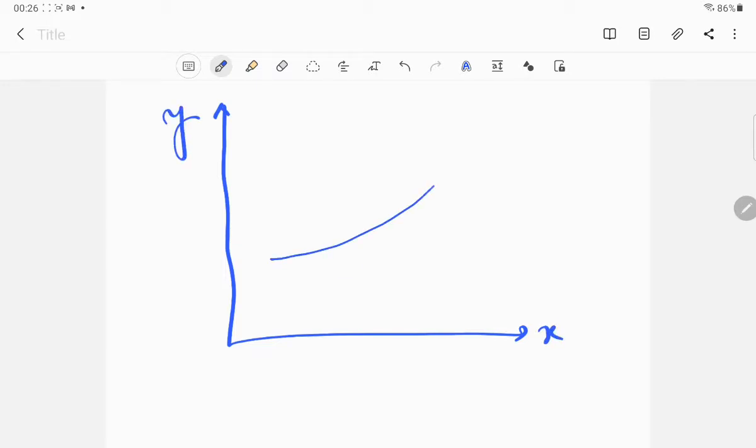Suppose this is a kind of curve that you have. Okay, this is y equal to f(x). Fine. And the x value is lying between a and b.